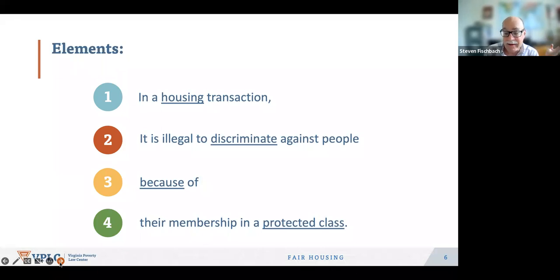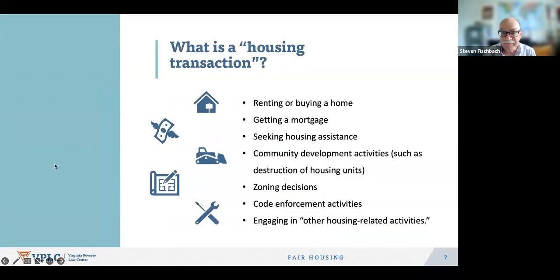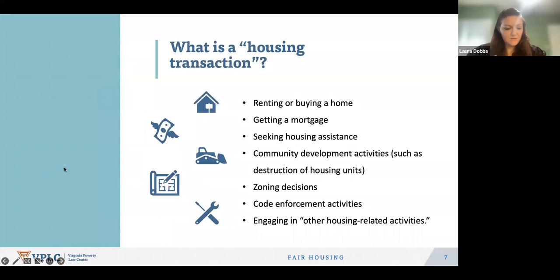So fair housing laws deal with a housing transaction where it's illegal to discriminate against people because of their membership in a protected class. Now as we go through this, we're going to break down those four elements. So the first is, what is a housing transaction?